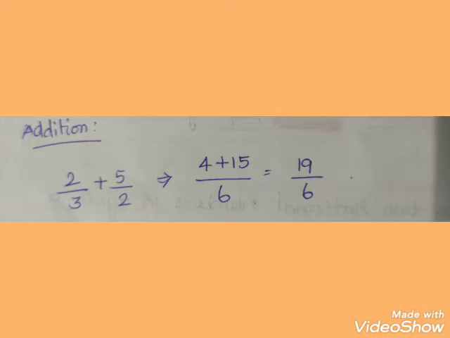We will get the LCM 6. So 2 into 2, 5 into 3, which means 4 by 6 plus 15 by 6. If we add 4 plus 15, what will be the result? 19. So 19 divided by 6. So this is also a rational number.